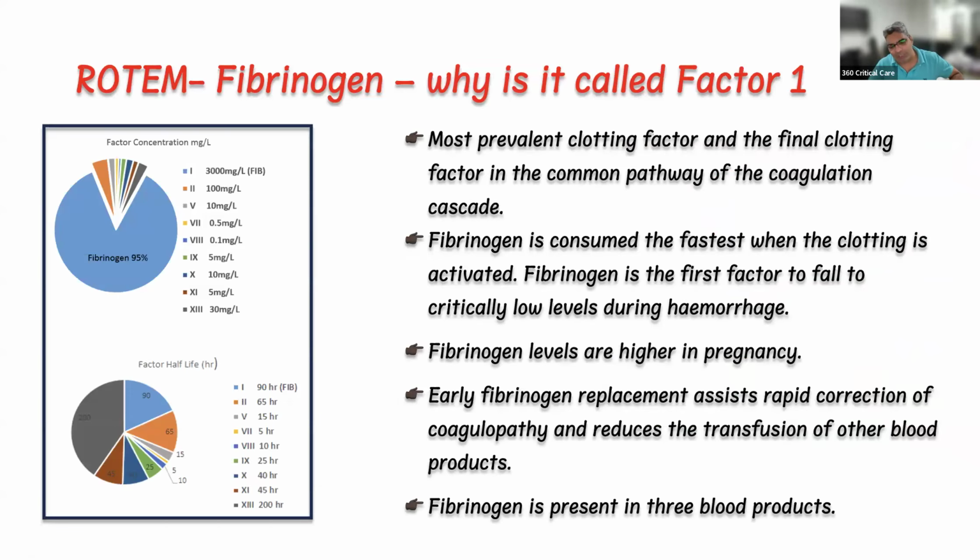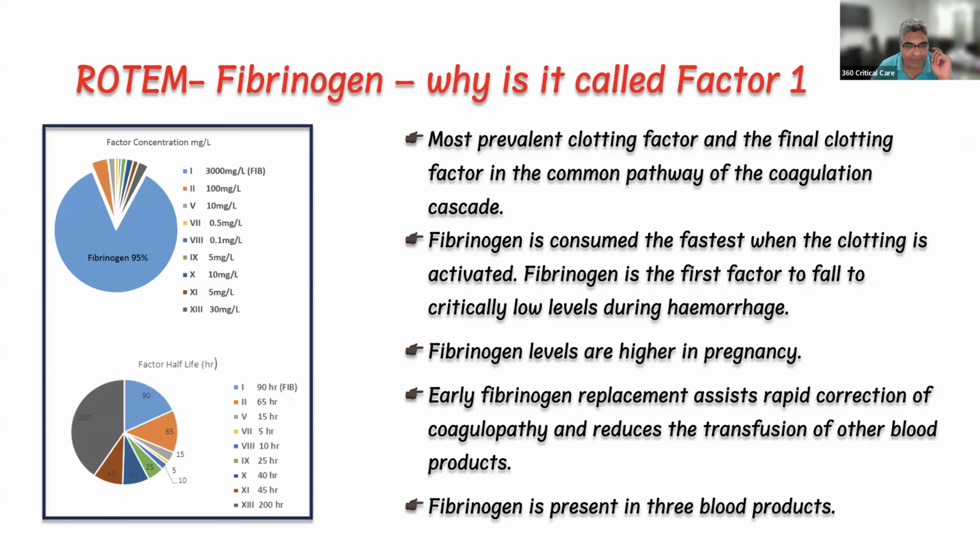Now the most important factor in the whole of the coagulation system is the fibrinogen. It is the most prevalent clotting factor and the final clotting factor in the common pathway, as we discussed. Interestingly, fibrinogen is consumed the fastest when the clot is activated.